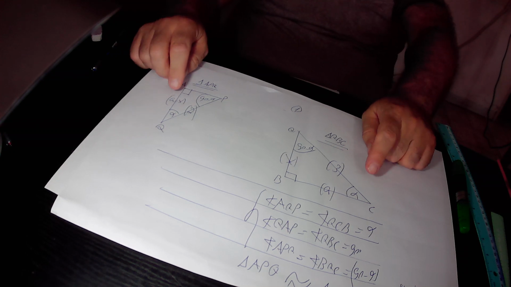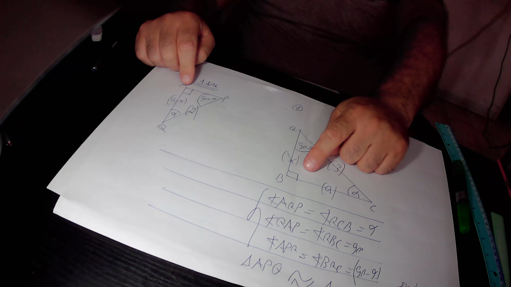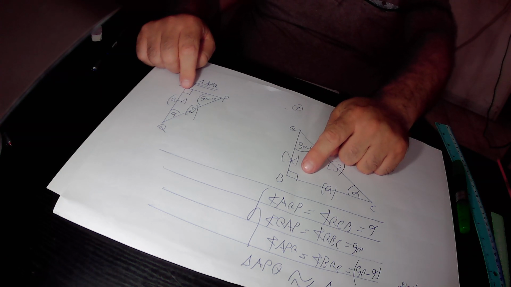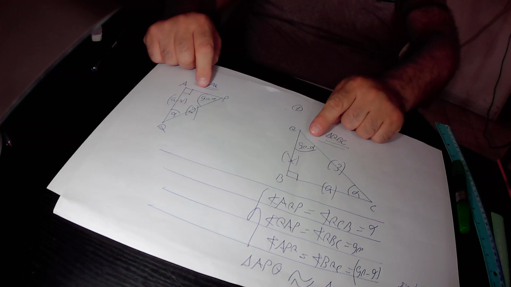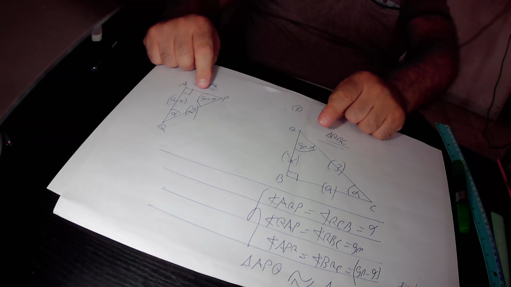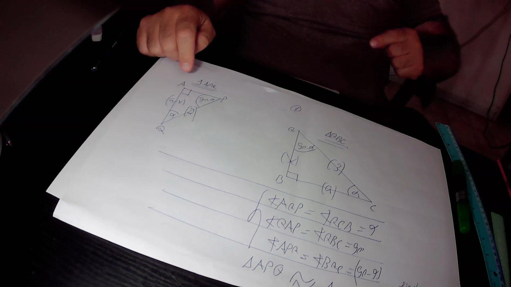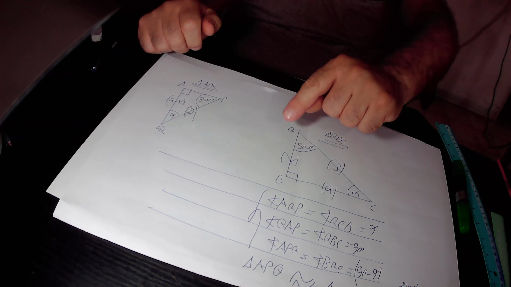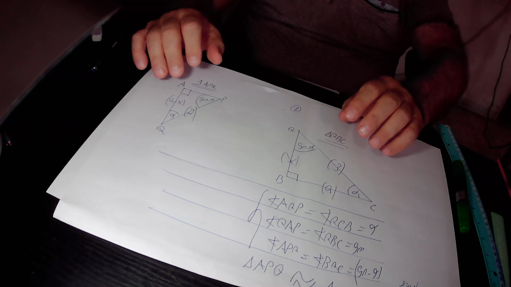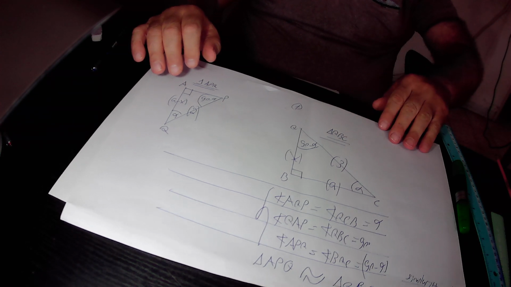First of all, those two angles are both equal to alpha, therefore they are equal to each other. In addition, those two angles are both equal to 90 degrees. And finally, those two angles are both equal to 90 degrees minus alpha. So all the angles in right triangle APQ are correspondingly equal to all the angles of right triangle QBC, and therefore those two right triangles are similar according to the angle similarity rule.